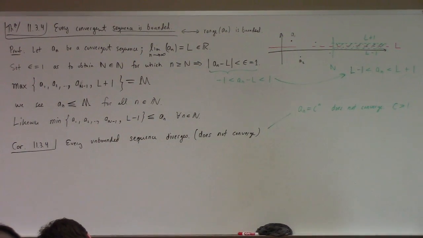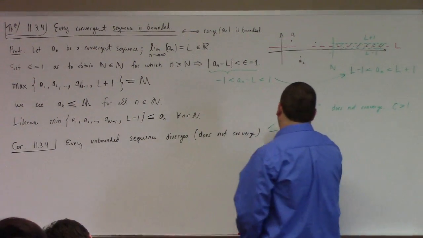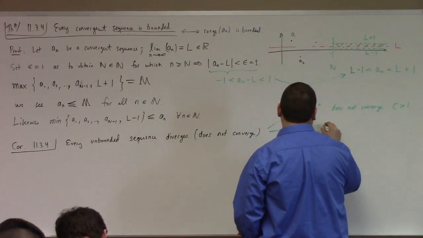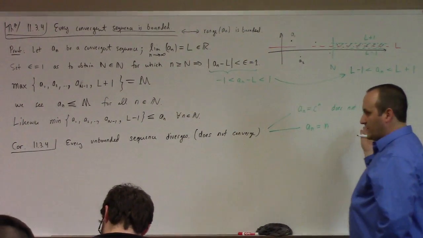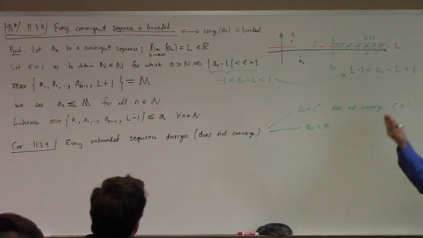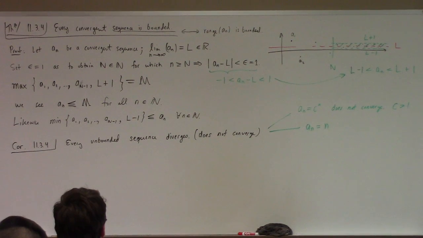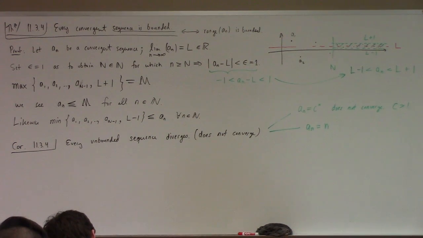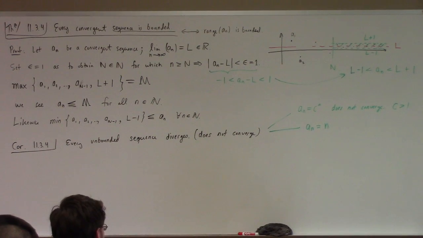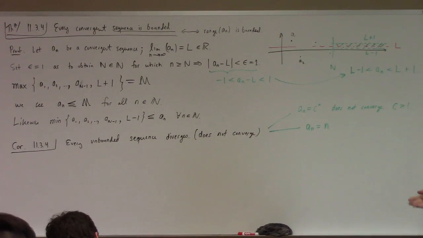Or other stuff, like a_n equals n. It doesn't converge because n is unbounded. All kinds of easy kills here. And that's nice because to actually mess with the definition of the limit of a sequence directly is kind of complicated. So I don't even have to try these sequences. If the sequence is not bounded, game over, it doesn't converge. It's very nice.